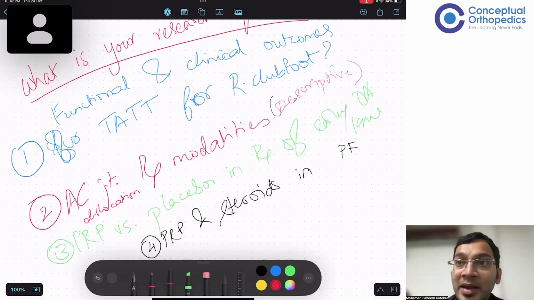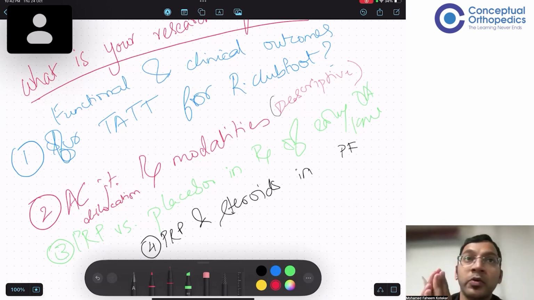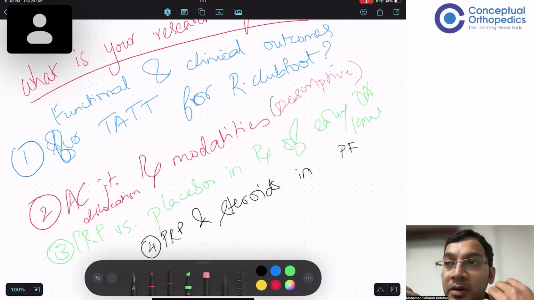Okay, the others, functional and clinical outcomes for tibialis anterior tendon transfer for recurrent clubfoot. So here again, you are not comparing with anything. You are not experimenting. You are not comparing two different things.